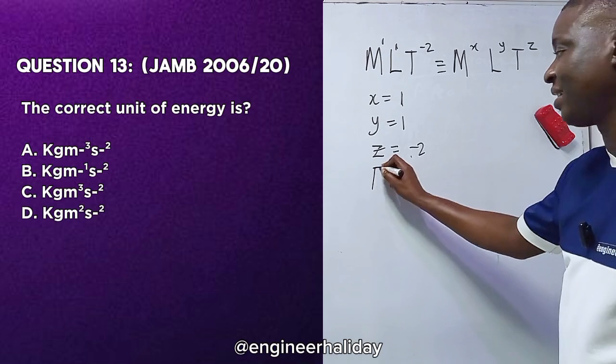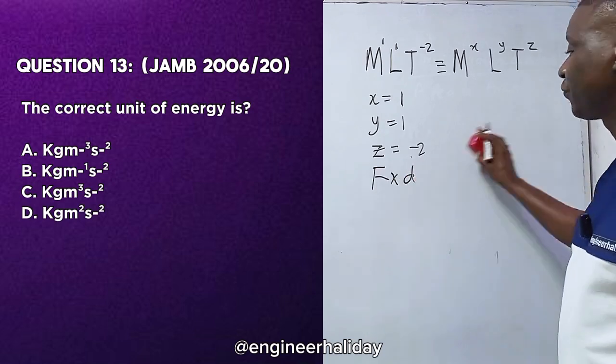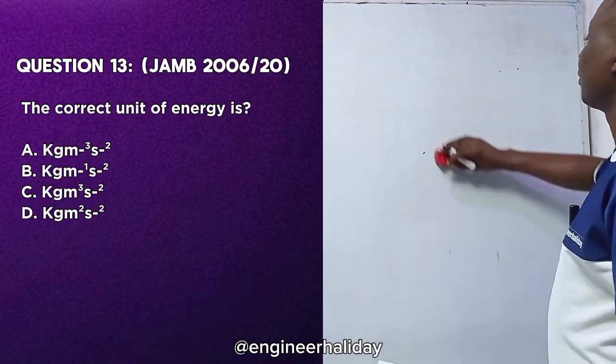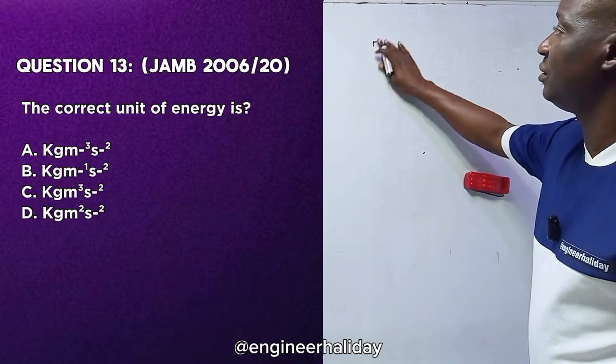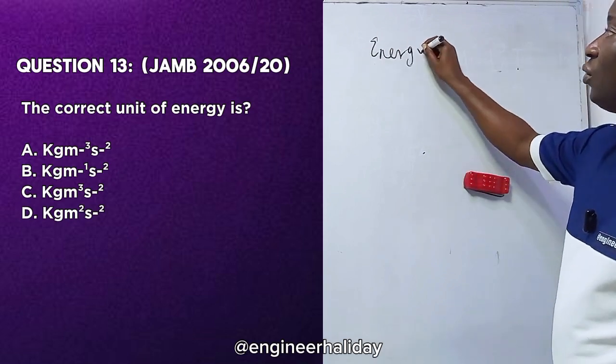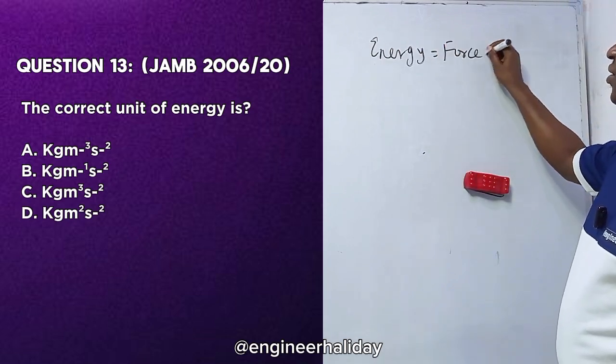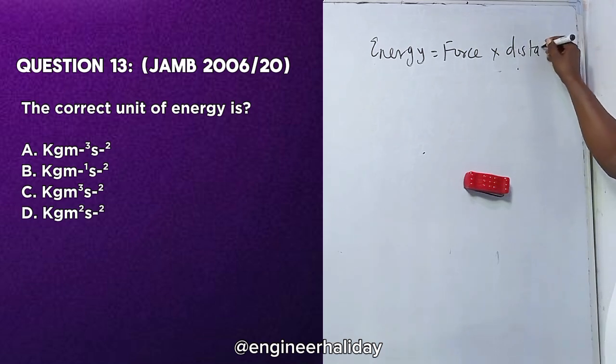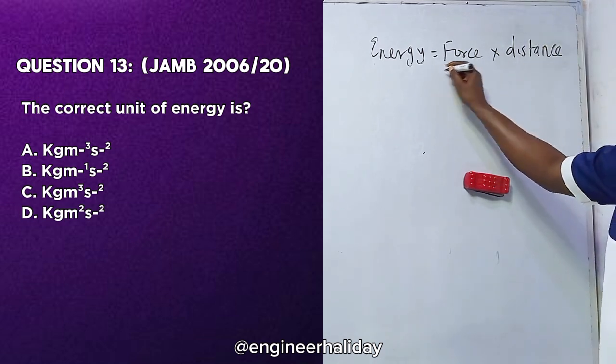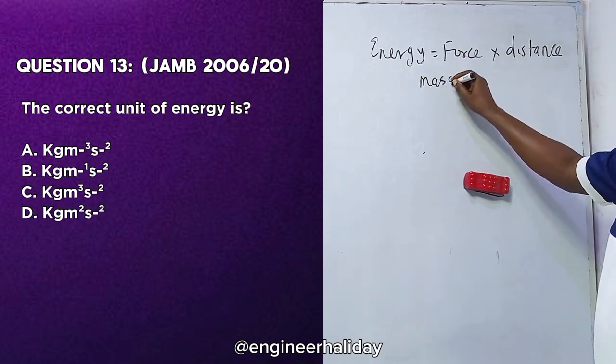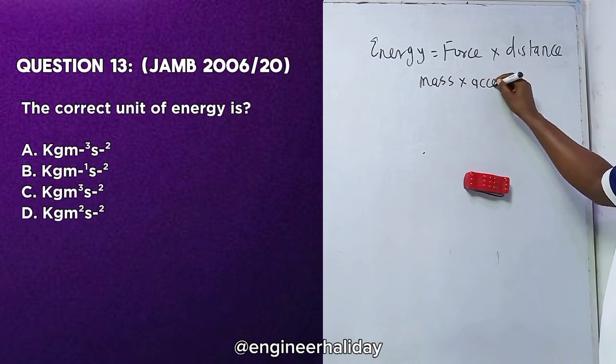Number 13 says the correct unit of energy is what? Energy is force times distance. And force is mass times acceleration.